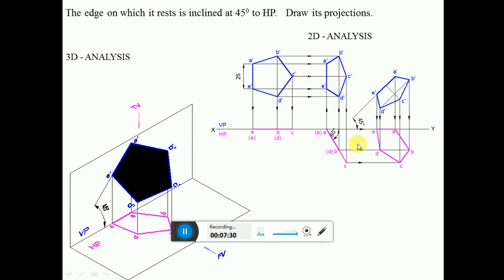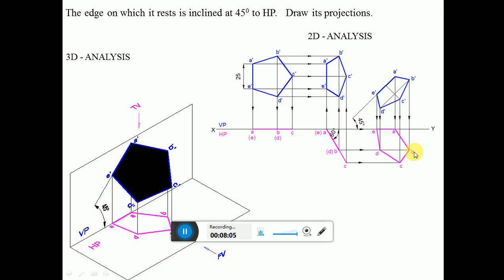Similarly, draw a horizontal projector from B dash and D dash, and then draw a vertical projector from B dash to get the point B, and similarly a vertical projector from D dash to get the point D. Then draw a horizontal projector from C dash and a vertical projector from C dash to get the point C. Then join ABCDE to get the pentagon. So this is how we can reproduce the drawing of the third position front view and also the top view.